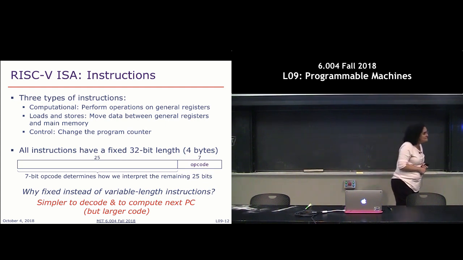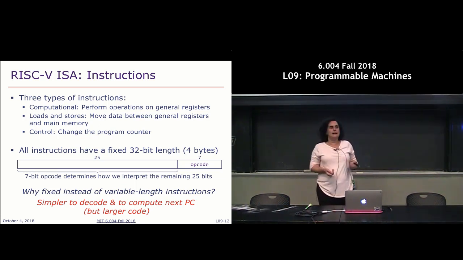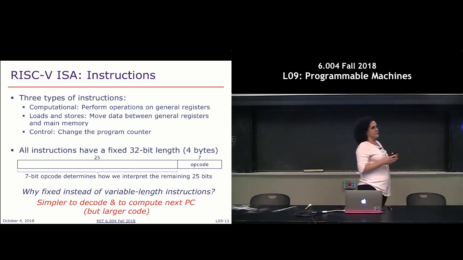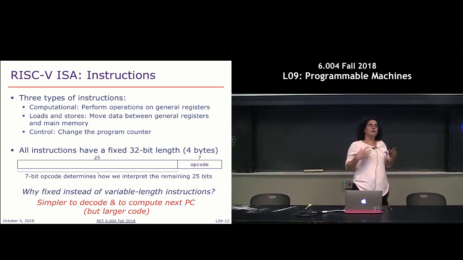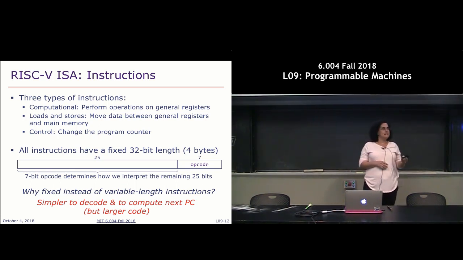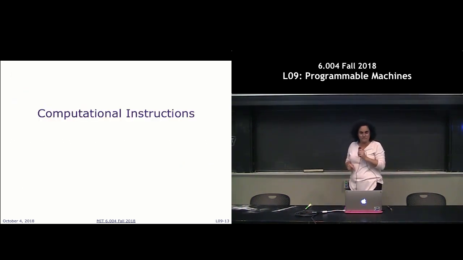Say that again? Memory efficiency. Exactly, okay? It's possible that if I was to use variable length instructions, my programs would be smaller, because I don't always need all 32 bits of my instruction. But in order to make the decoding process simpler, we actually have all the instructions be of fixed width, and that width is 32 bits.